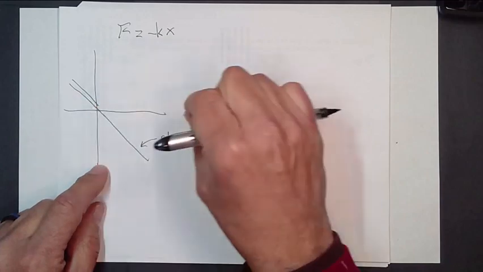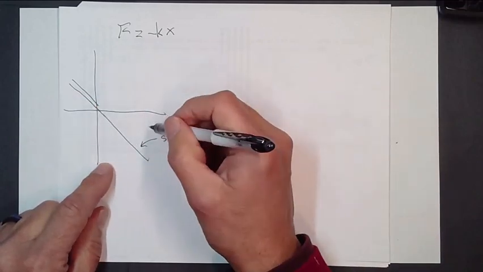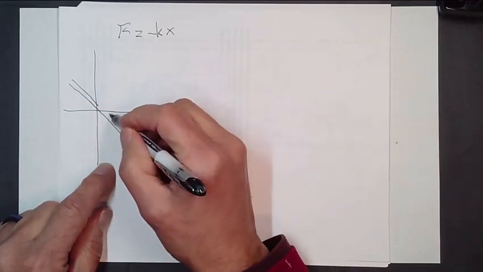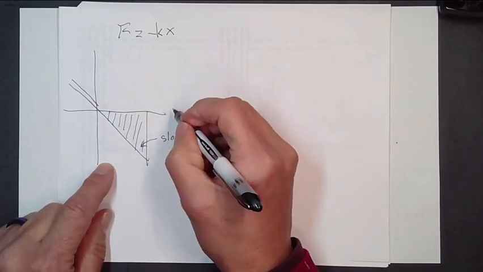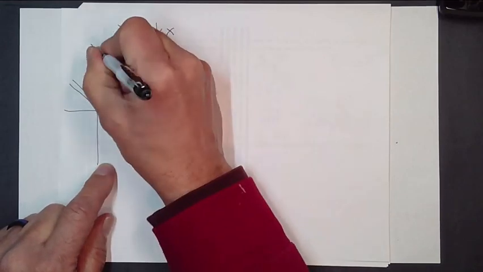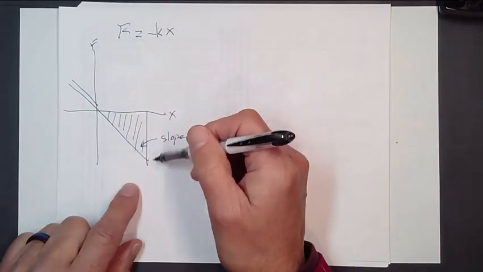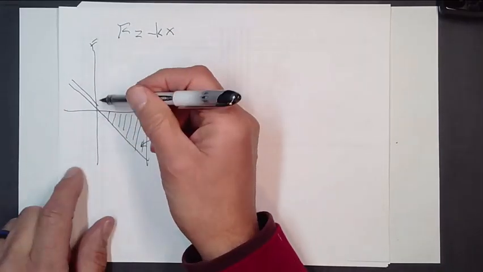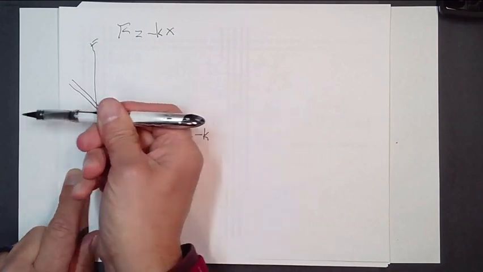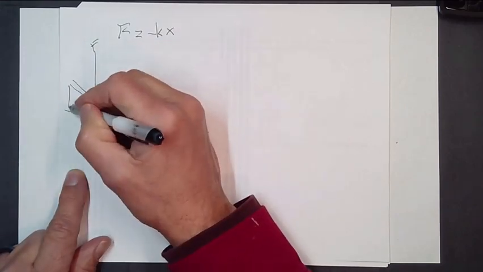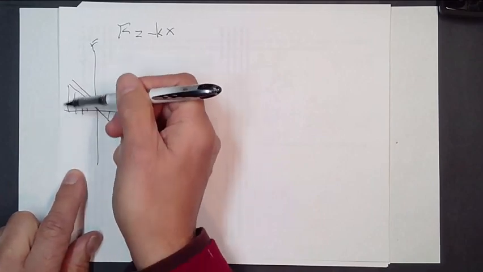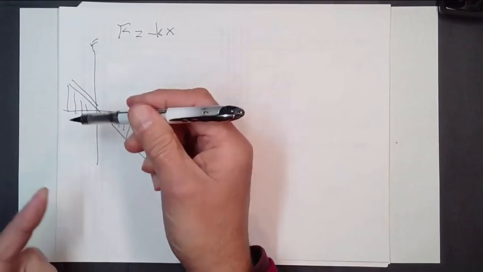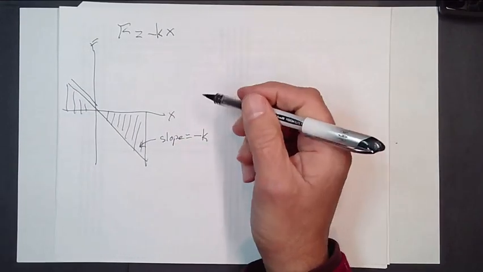You're pulling it this way and the spring's pulling back, and negative work is indicated by an area that's below the x-axis. This is the force, and that's the x-axis. If you compress it, then your displacement is going in that direction, and because you've got a negative displacement and a positive value above it, you'll end up with a negative amount of work there.